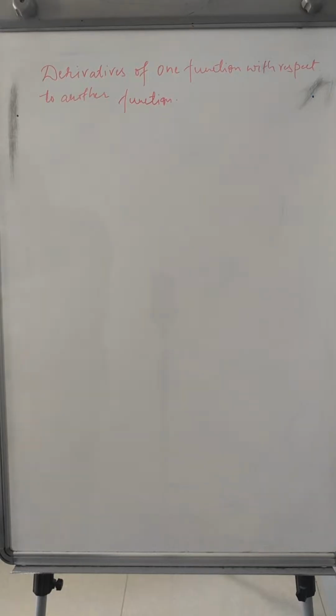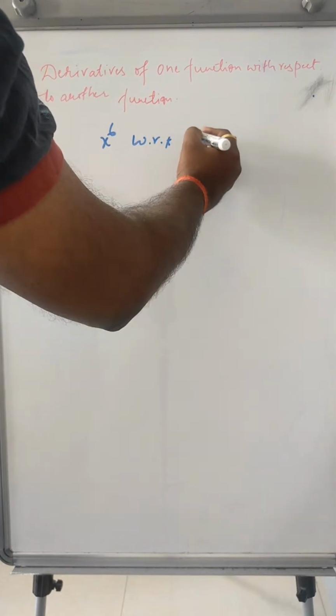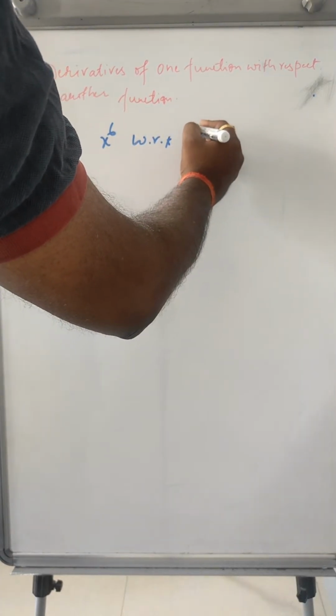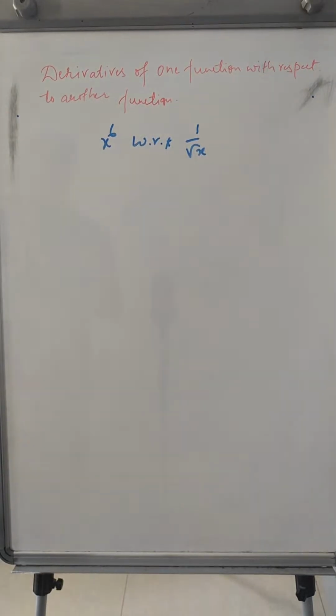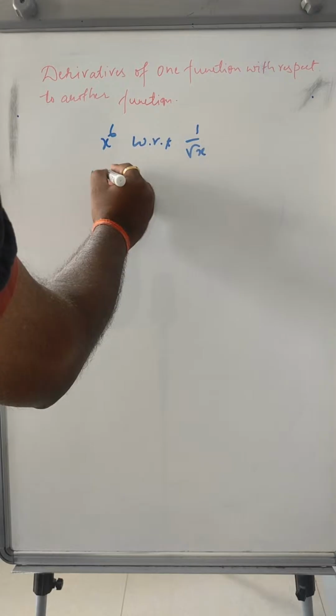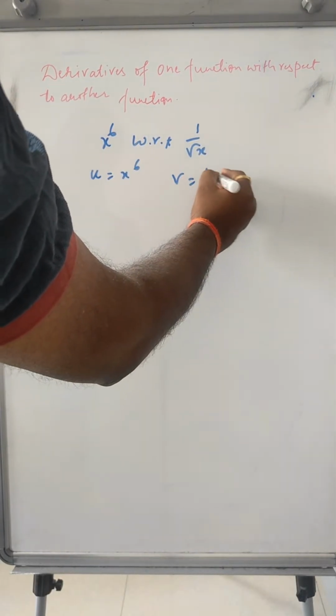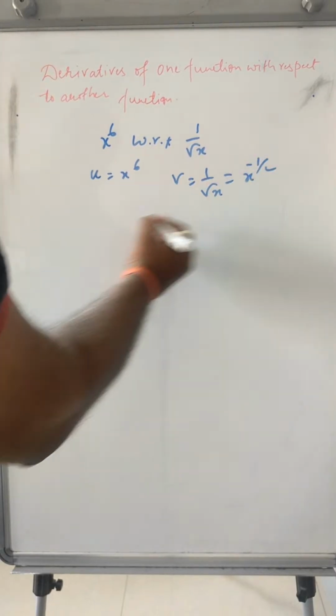Okay, the another one. This is one of the easiest. x to the power 6 with respect to 1 by under root x. This is one of the easiest. So u is equal to x to the power 6 and v is equal to 1 by under root x, that is x to the power minus 1 by 2.